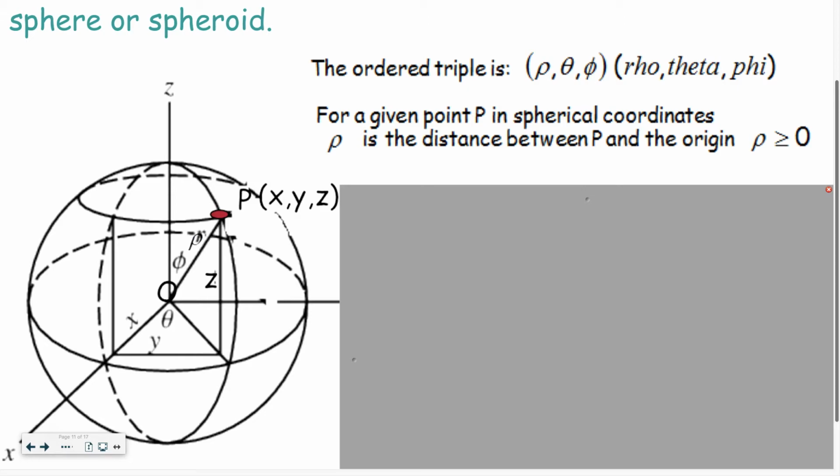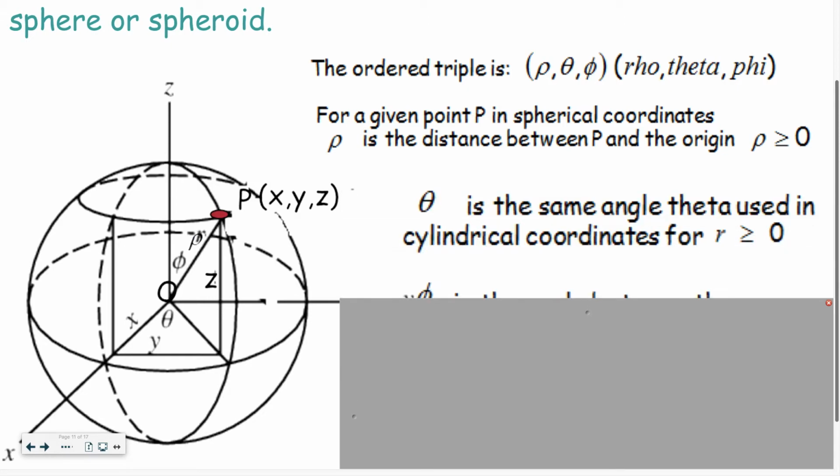Rho is the distance between P and the origin. Theta is the same theta from cylindrical coordinates. So theta is how far we rotate in the xy plane.